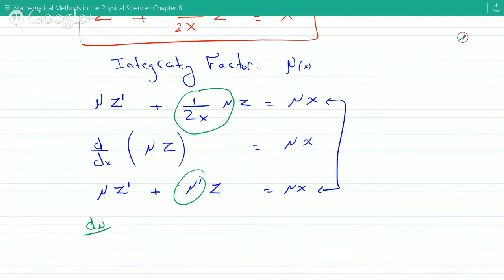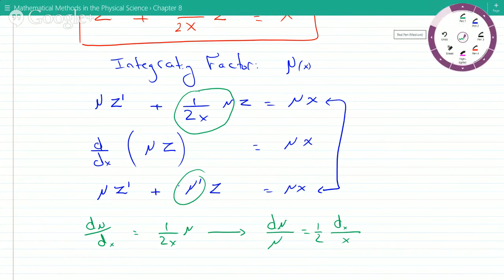So d mu over dx has to equal 1 over 2x mu. And a simple separation of variables would yield d mu over mu equals dx over x, and there's a half here.